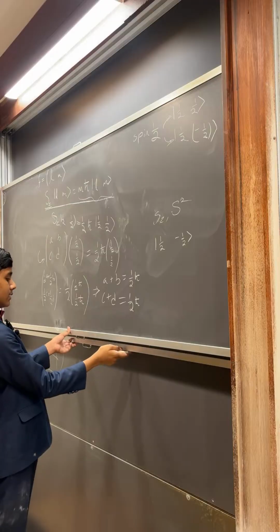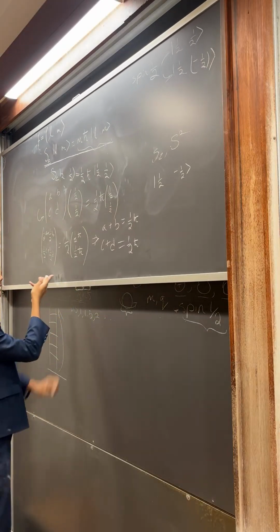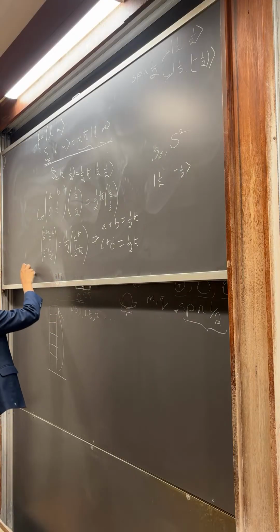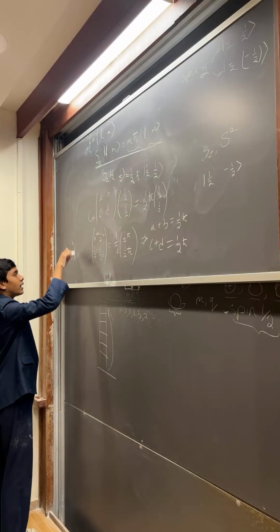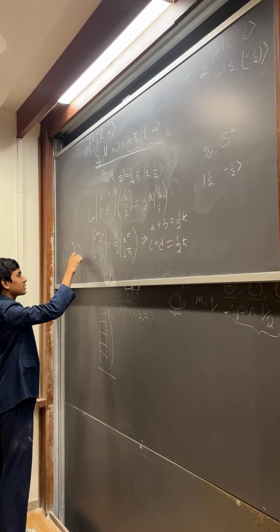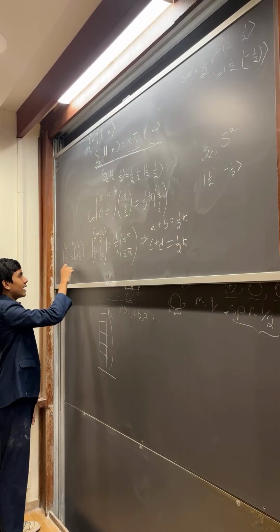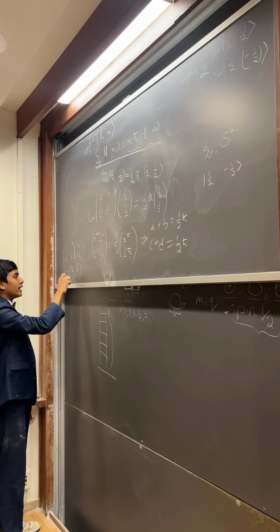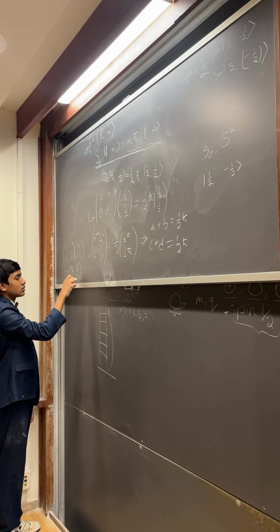You see, if we work with spin down instead, what happens here? Well, we get a b c d multiplied by half, minus half is equal to what? Half a minus half b, and half c minus half d.